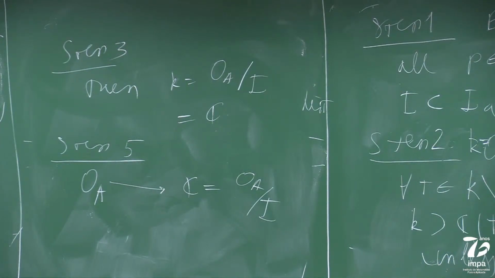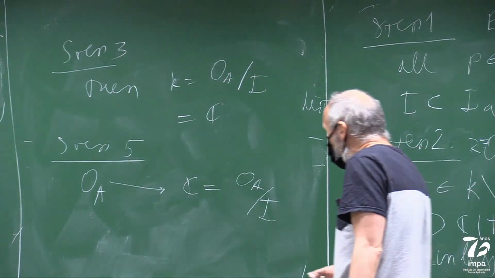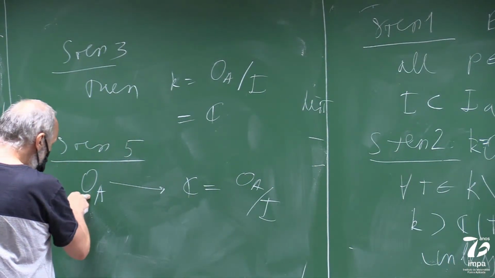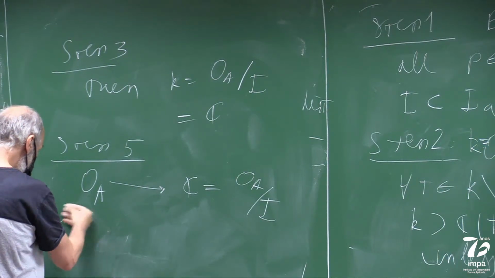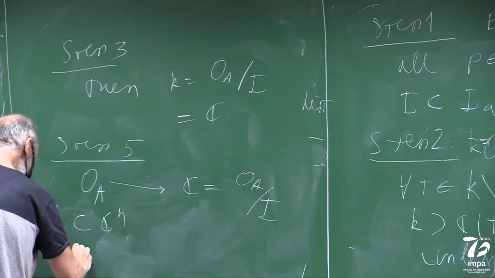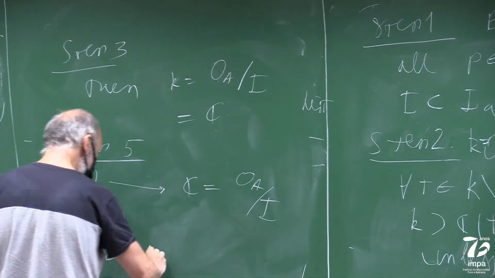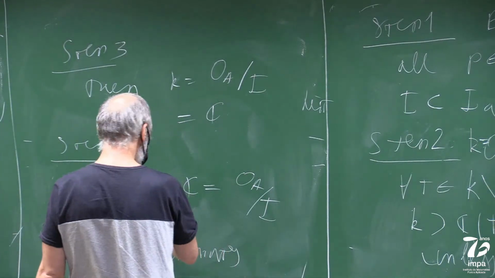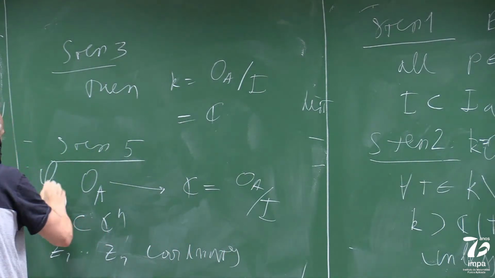Okay. Now let's apply that to coordinate functions. Our A belongs to Cn. We have Z1, ..., Zn, the coordinates. This map, let's call it phi.